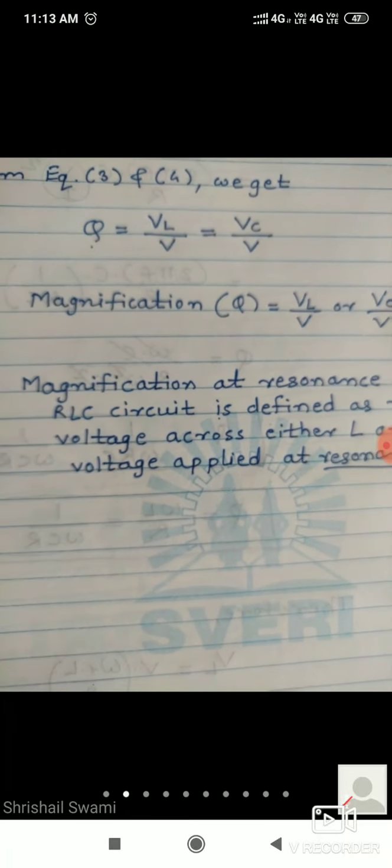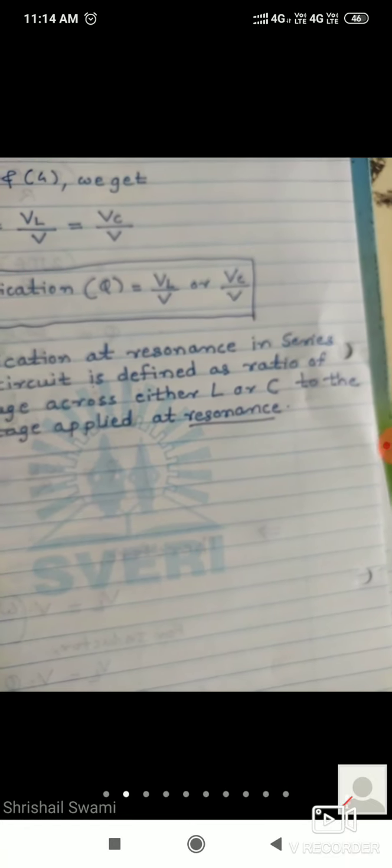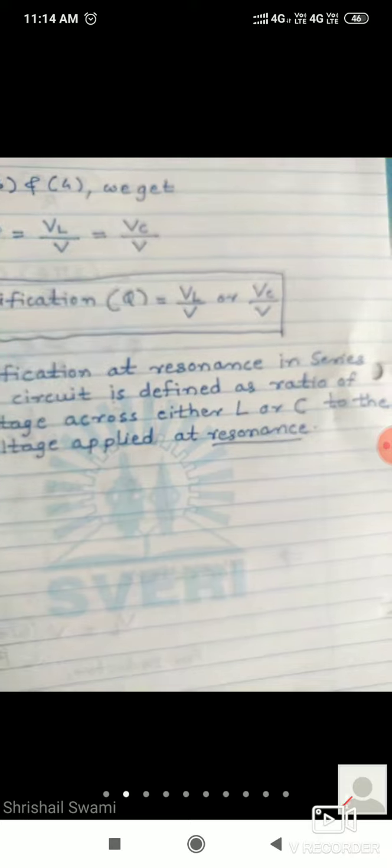Carefully read the definition. I will make it a box. The voltage applied at resonance is nothing but V. So this is the definition of the magnification.